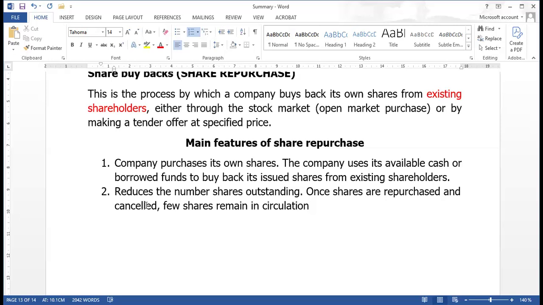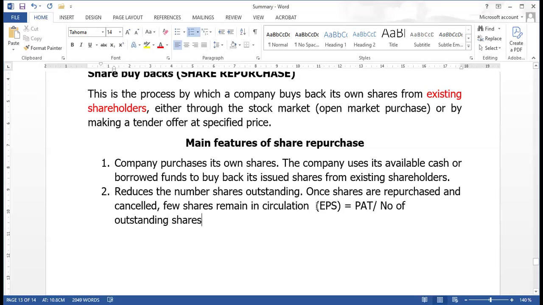If we reduce the number of shares, what will happen is that the EPS will become high. It's also another feature that it increases the EPS. Because for EPS you are getting the profit after tax over the number of outstanding shares.